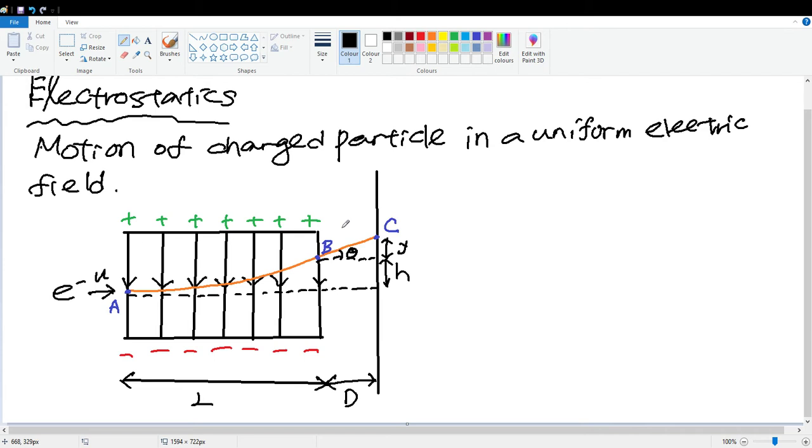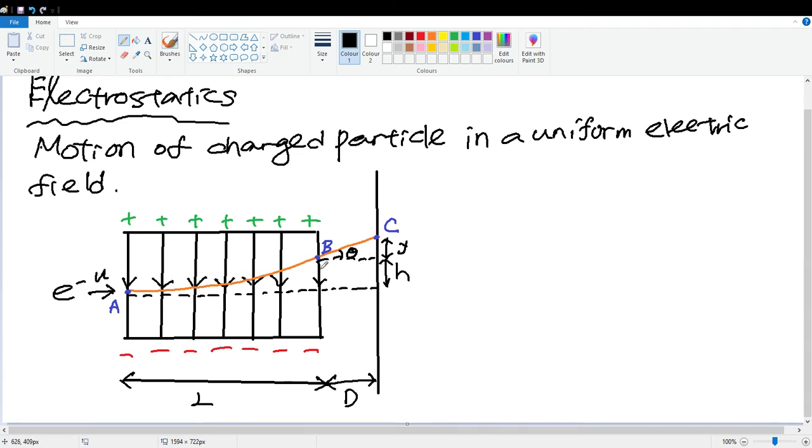Let me observe for a while. Our main objective is to find the velocity after the electron has been deflected by this region of the electric field.